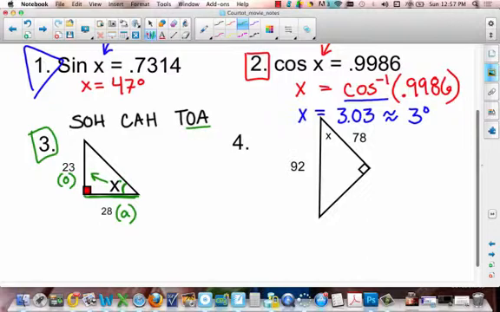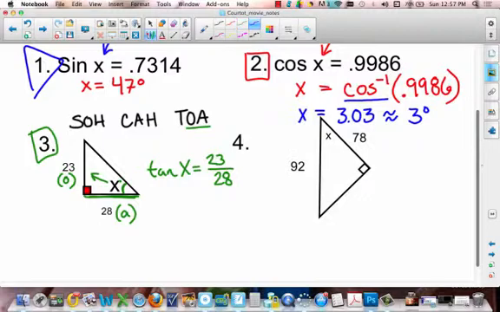To set this up, the tangent of x is equal to the opposite, 23, divided by the adjacent side, 28. So tangent of x equals 23 over 28. Now I want to take the tangent inverse of both sides to get x alone.